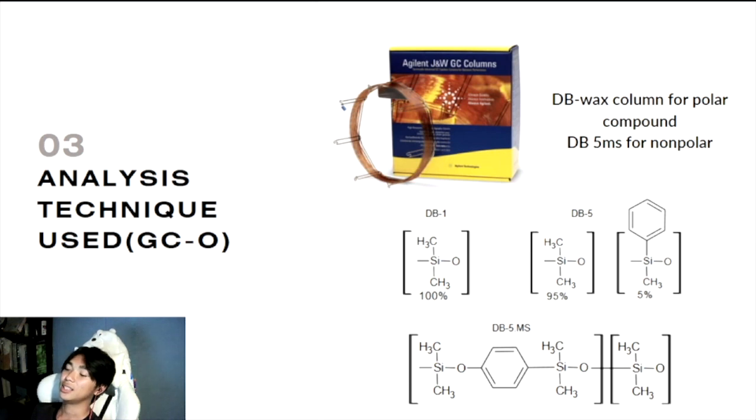In contrast, DB-5MS is more suitable for separating nonpolar and moderately polar compounds, offering a broader range of analytes that can be separated effectively based on their volatility and polarity.